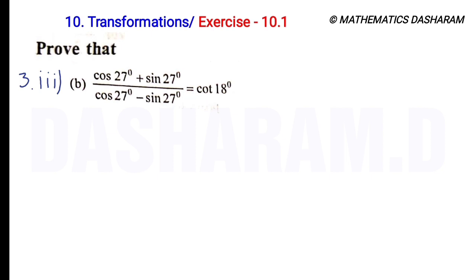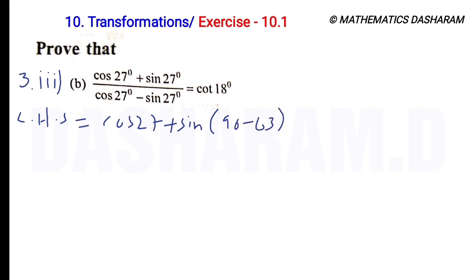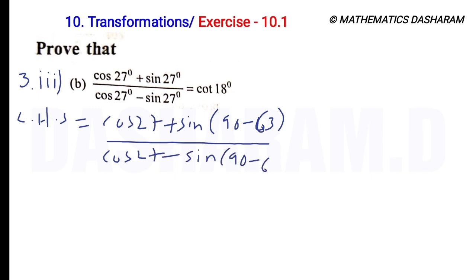18 degrees. So actually we need the same trigonometric ratios at these two places. So that is why LHS equals cos 27 plus sin 27, I am writing as sin 90 minus 63 degrees, divided by cos 27 minus sin 90 minus 63 degrees.